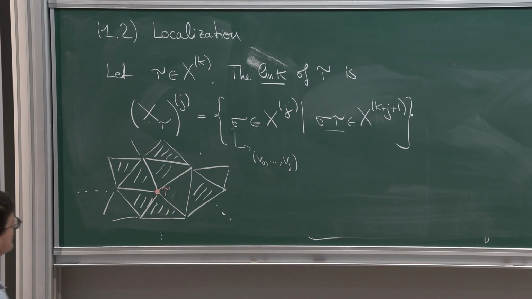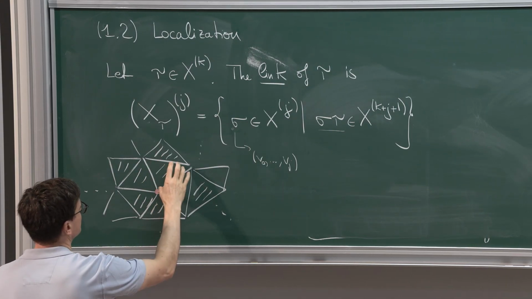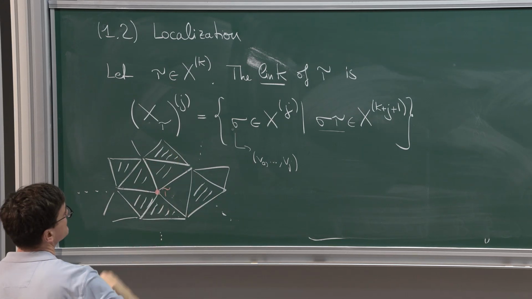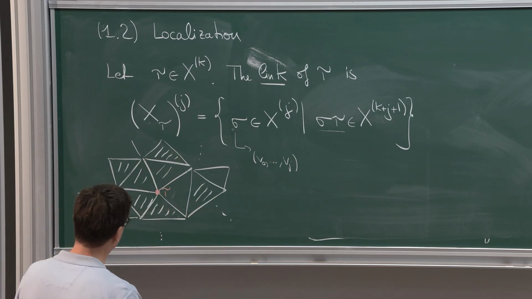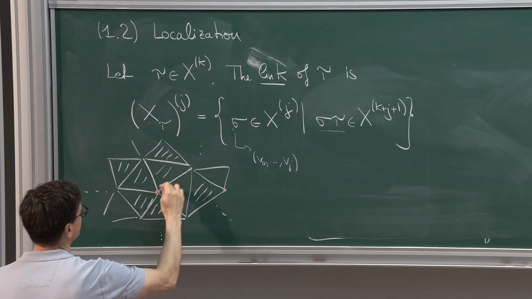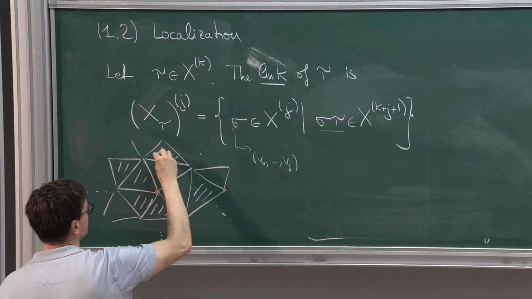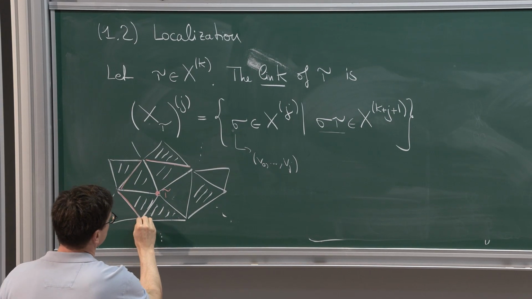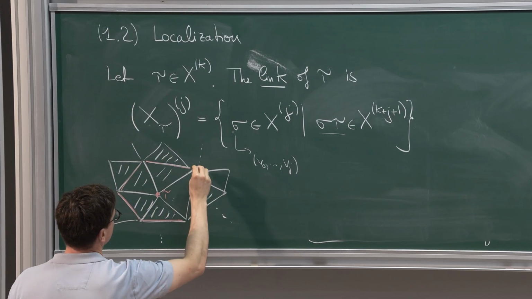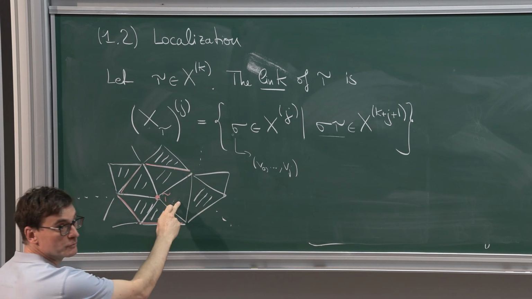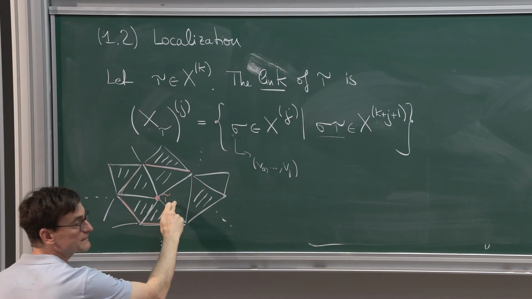Then you look at all the simplices that contain this tau, but take the part that's just the subsimplices that do not contain tau in these simplices. So here, for example, you would take this, this, this. So this simplex would not be in the link because that 2-simplex is not there.